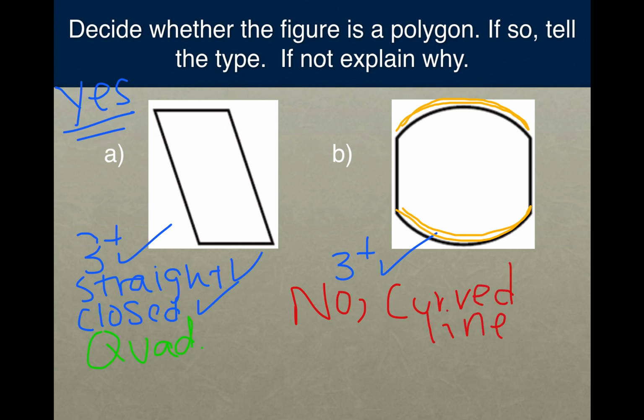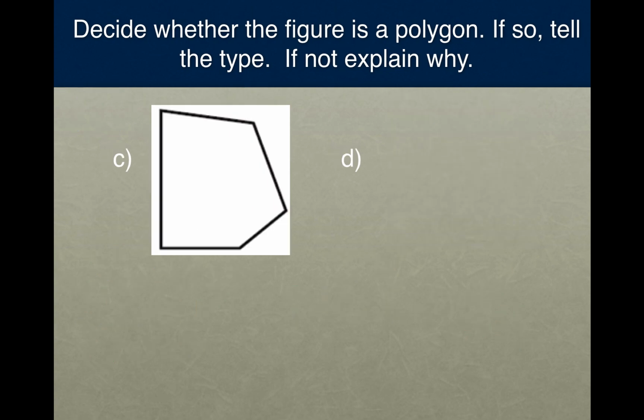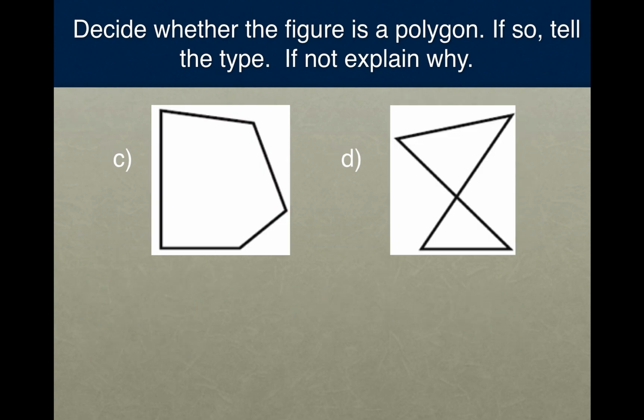Now, because it's not a polygon, that means we can't classify it. Even though it has 4 lines, it's not a quadrilateral because it is not a polygon. All quadrilaterals are polygons. I want you to try these next 2 on your own. We'll go over them in a moment. Pause the video.